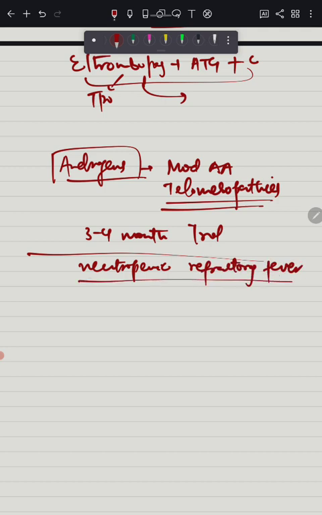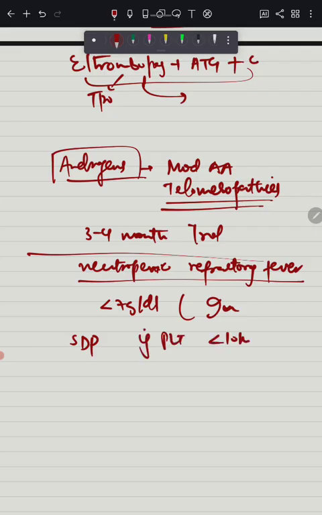Also hand washes and PRBC transfusion if HB is less than 7 grams per deciliter, but you have to maintain around 9 in cardiopulmonary diseases, and you have to give SDP transfusion if platelet count is less than 10,000. That is the goal here.